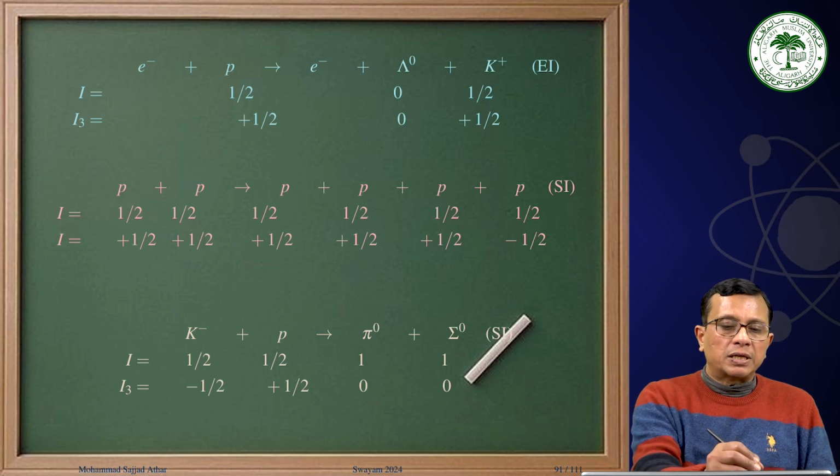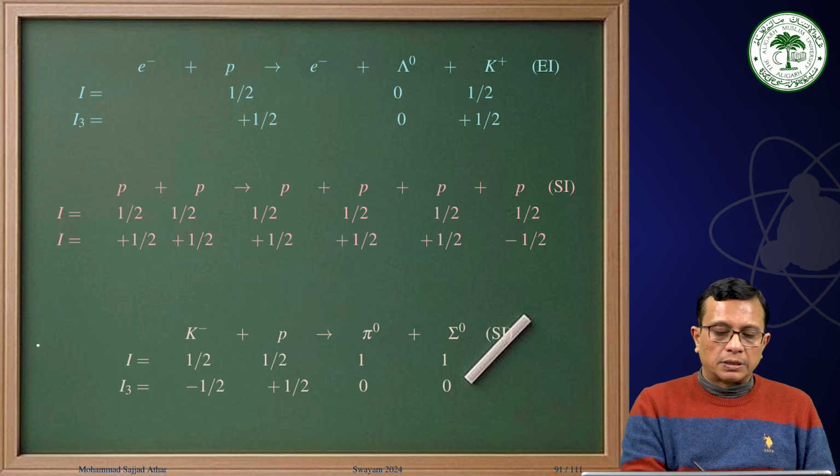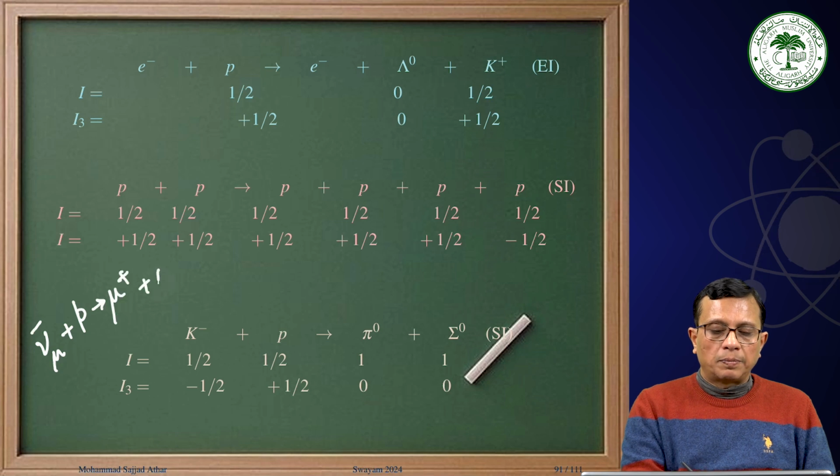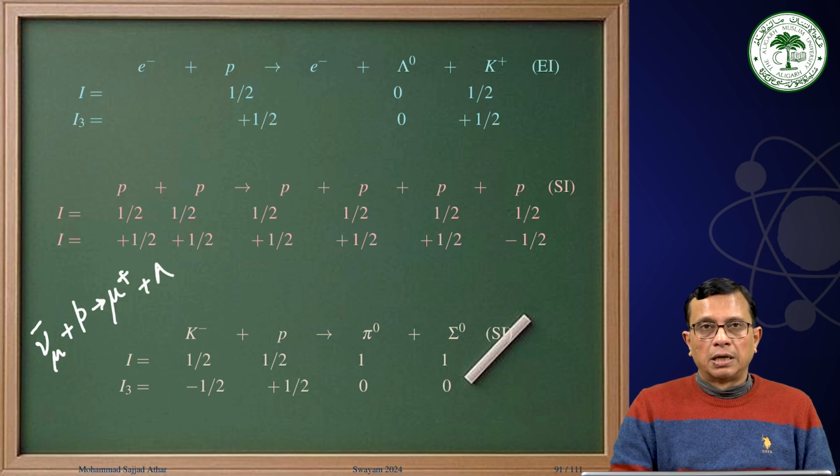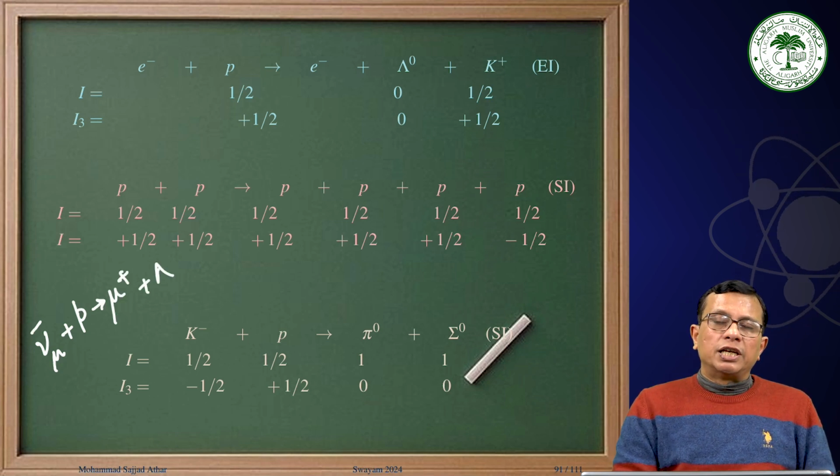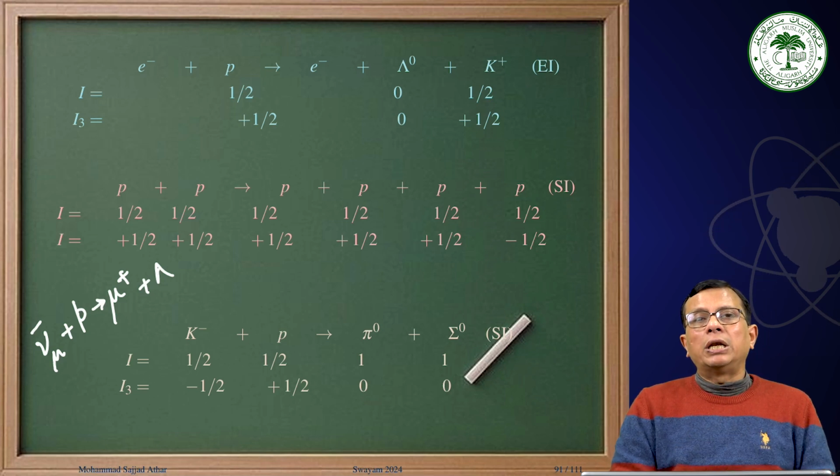If I take, for example, nu mu bar plus P going to mu plus lambda. Now, the important point is that neutrinos are particles which participate only in weak interaction processes.